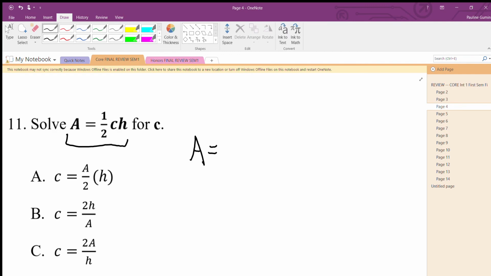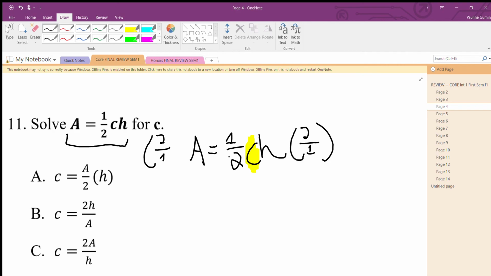I'm going to rewrite it once again, just so I have room to write. We're trying to get letter c by itself. Okay. The first thing I'm going to do is get rid of that fraction by using the method of reciprocals. 2 over 1 is the same thing as 2, so I really have 2a equals ch.